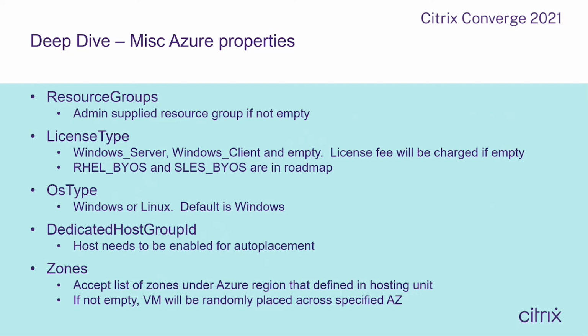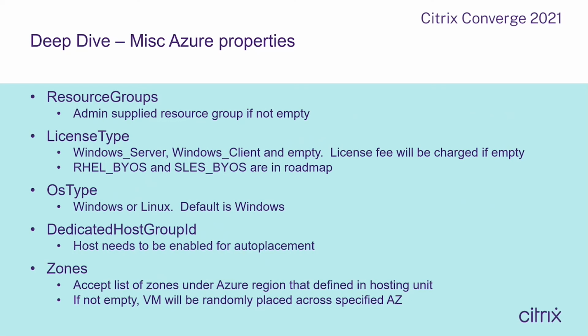And then dedicated host group is another one. It's about supporting dedicated hardware when you run Windows. Typically, you use it for several purposes. One is for security reasons, that you want to make sure that your VM is only running on hardware that you manage, or because of a license requirement that you have to run on dedicated hardware.